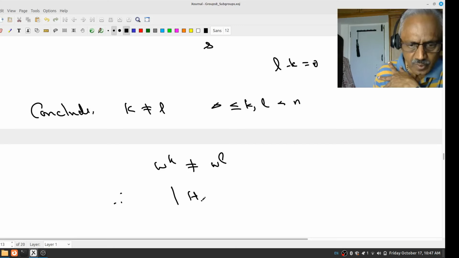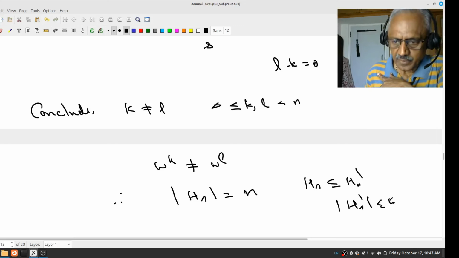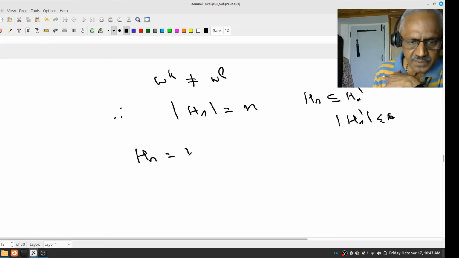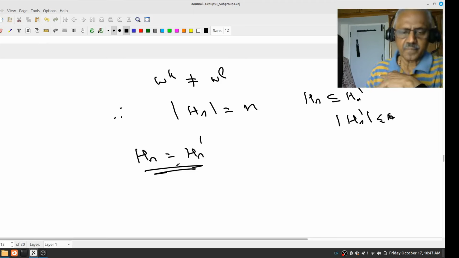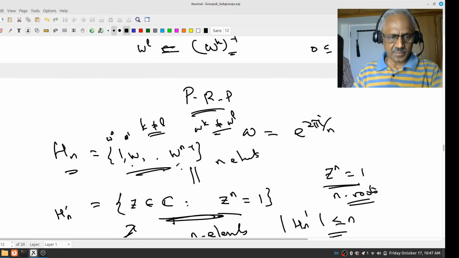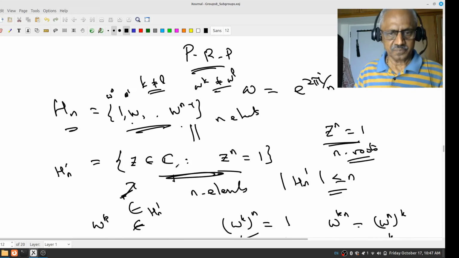Therefore, mod Hn is n, and Hn is contained in Hn dash. We know Hn dash is less than or equal to n. Therefore, what is the conclusion? Hn equal to Hn dash. Hn is a subset of Hn dash, but Hn has n elements, and Hn dash has at most n elements. That means the sets Hn and Hn dash are the same.